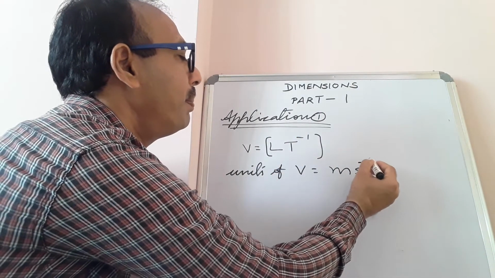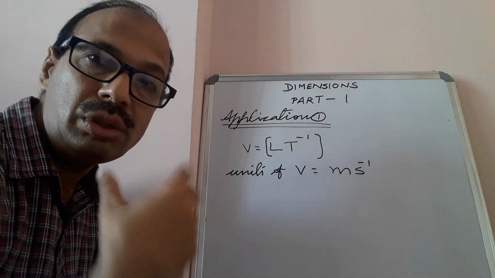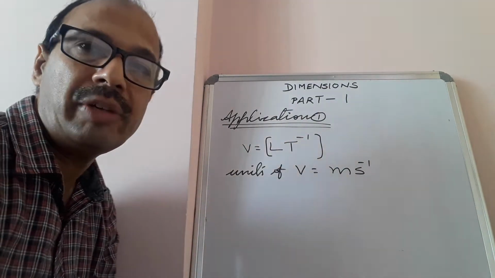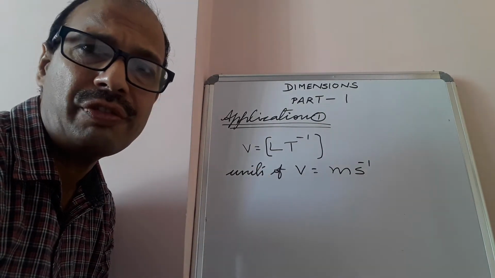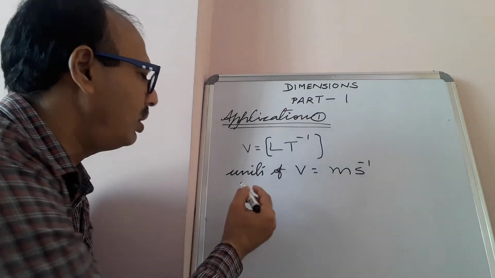So meter per second. So this is how we can derive the units of a derived quantity by using the dimensional formula. So this is the first use of a dimensional formula. We will see a number of examples also.